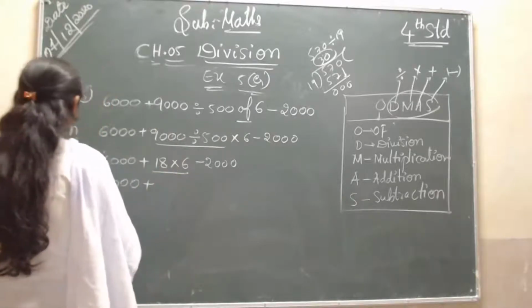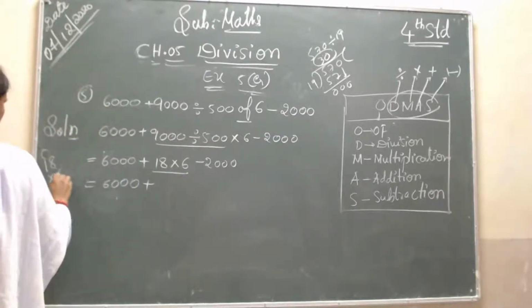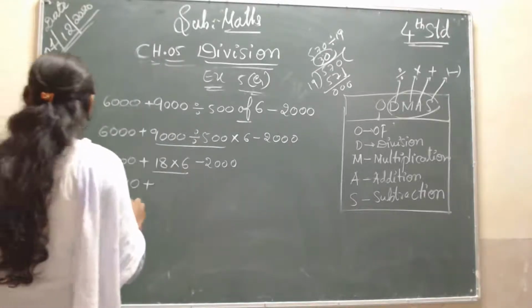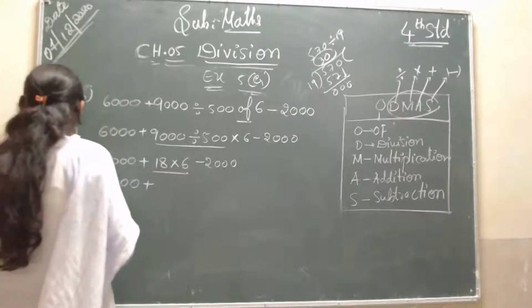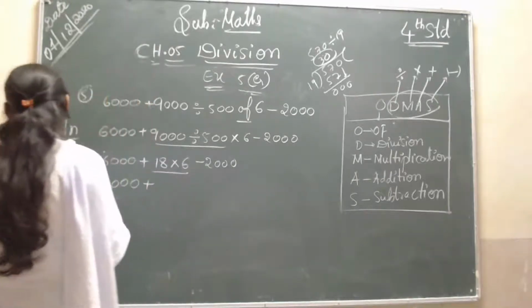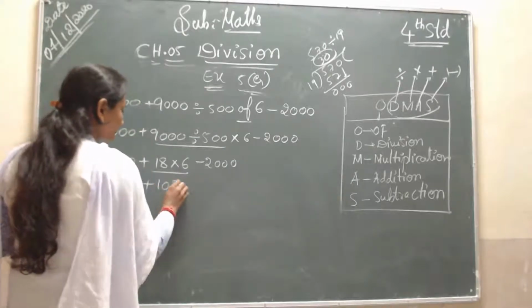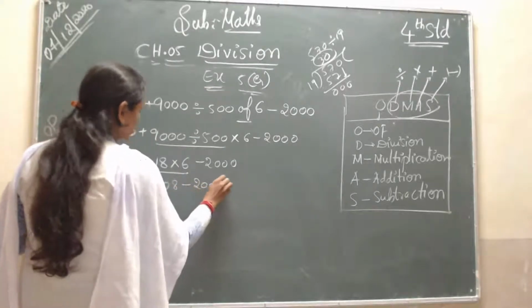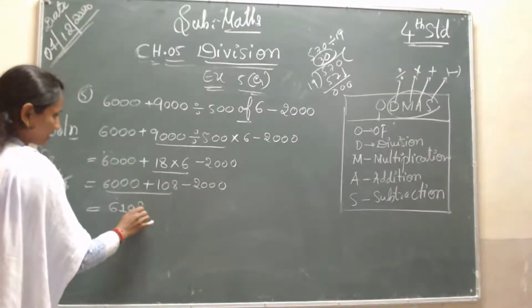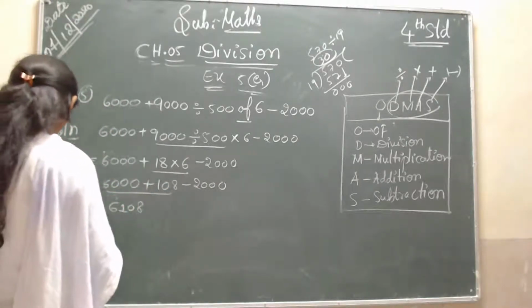These two multiply, 18 times 6, that is 108. That is 108 minus 200. These two numbers will be in addition. 6,108 minus 2,000. What is the remaining result?